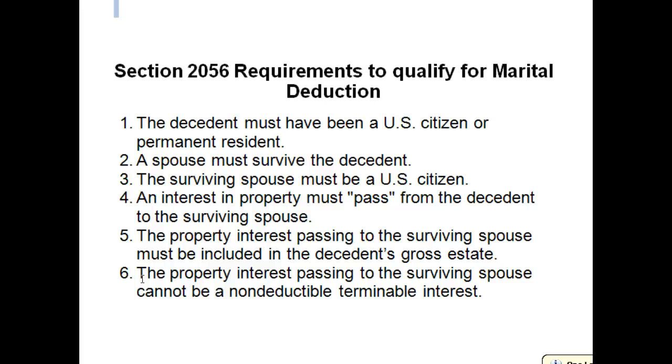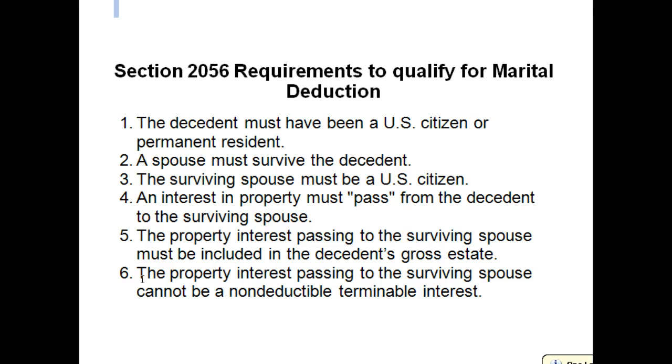One is if the executor acquires a terminable interest for the surviving spouse at the direction of the decedent. Or the second is if the interest in the property passes to the spouse and an interest in the same property passes to someone other than the spouse, and that other person only enjoys their interest in the property when the spouse's interest terminates.